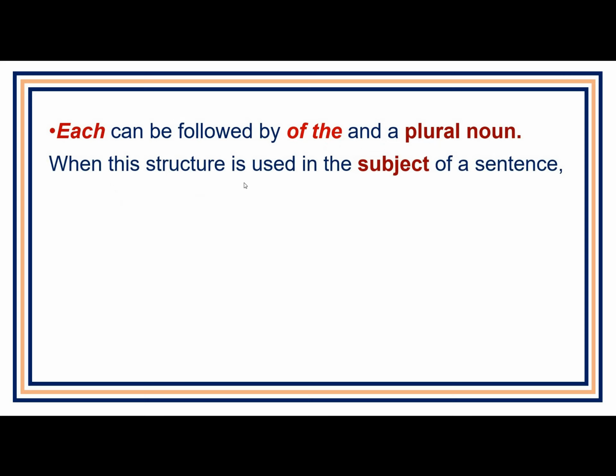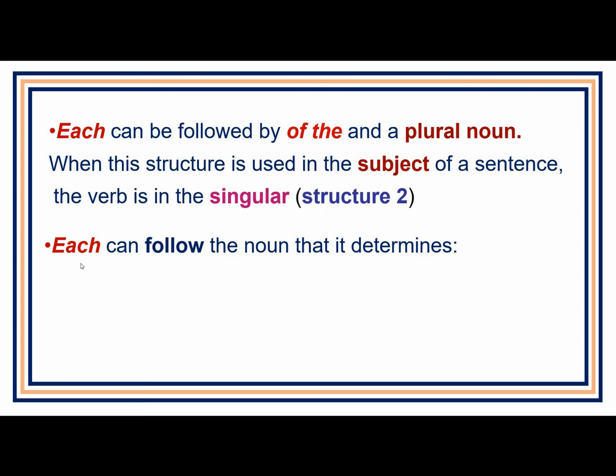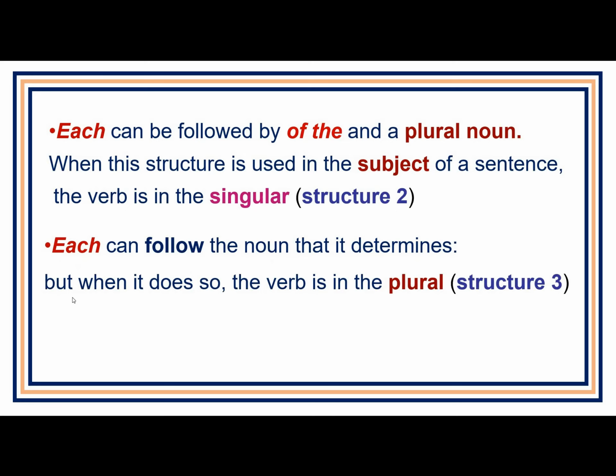When this structure is used in the subject of a sentence, the verb is in the singular. It's structure 2. Each can follow the noun that it determines. But when it does so, the verb is in the plural, and it is structure 3.